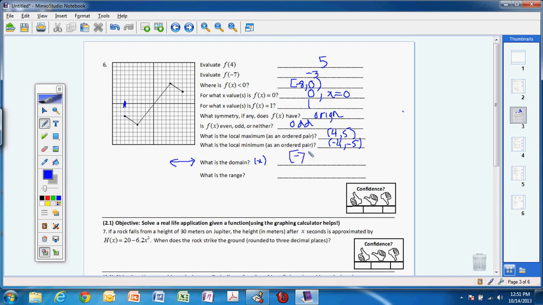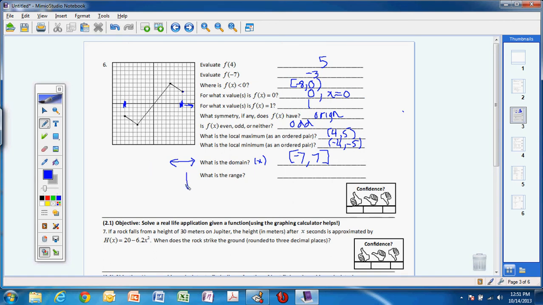And I can have a bracket because that last point is included. And then I have all these ordered pairs until this point right here. That's when my graph stops and I don't have anything past it. So at this point right here, when x is 7, all x values between -7 and 7 have an ordered pair on this graph.